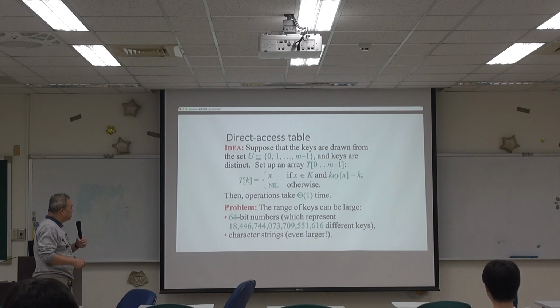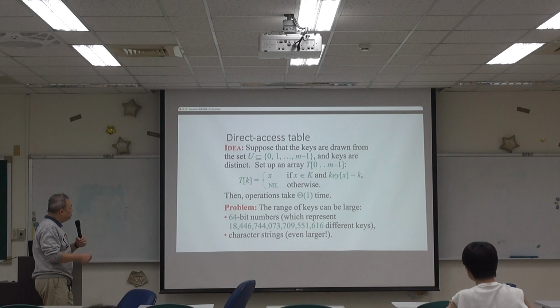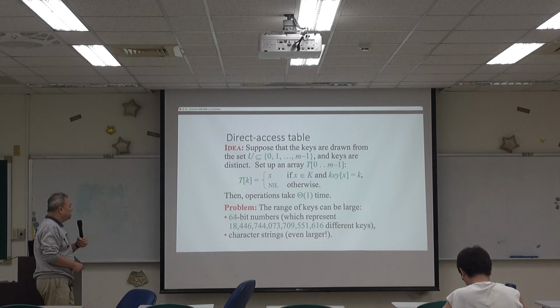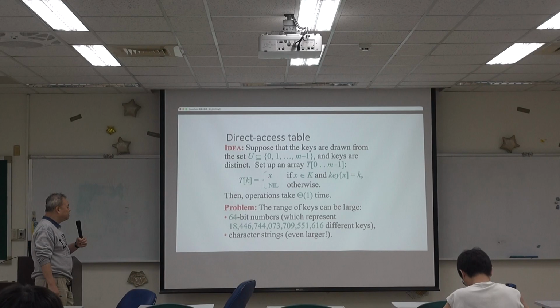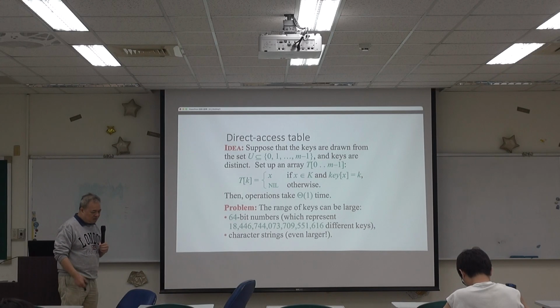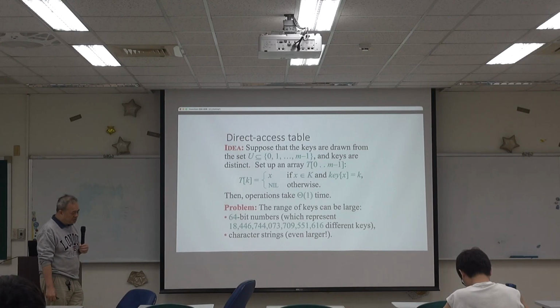So this is a very straightforward approach. But the issue is, if you want to create an array the size of the space of your key, remember the key range can be very, very large. For example, 64-bit numbers represent this many different keys. I cannot even pronounce it, but obviously it's a gigantic number.